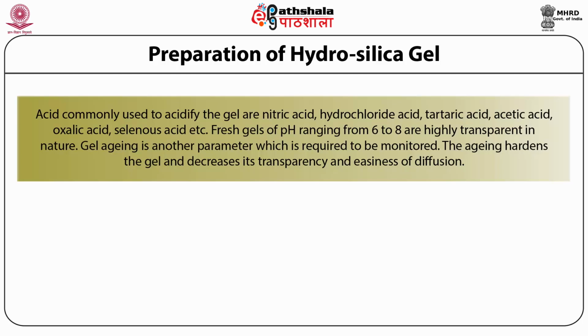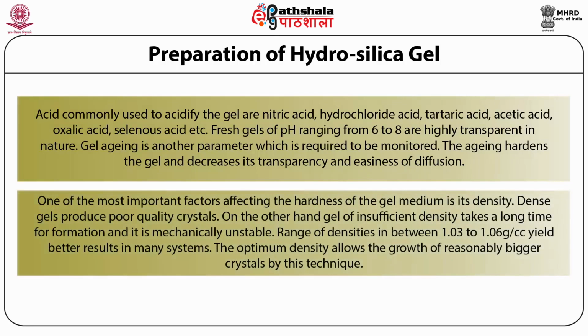Gel aging is another parameter which is required to be monitored. The aging hardens the gel and decreases its transparency and ease of diffusion. One of the most important factors affecting the hardness of the gel medium is its density. Dense gels produce poor quality crystals.